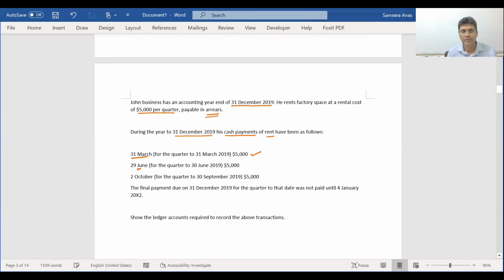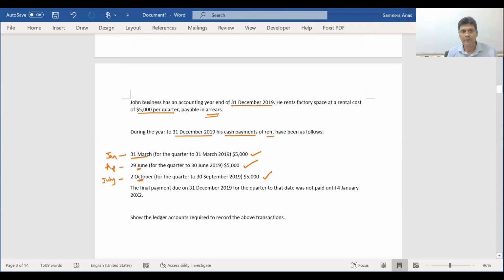And the second quarter starts from April. This is January to March. This is April to June, 5,000 has been paid. Then July to September, 5,000 has been paid.